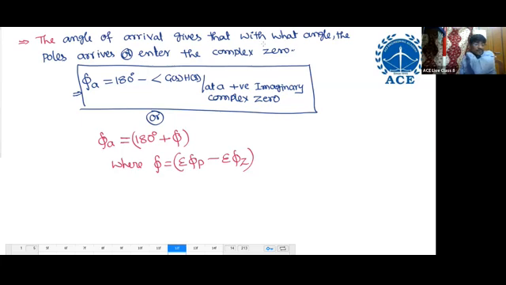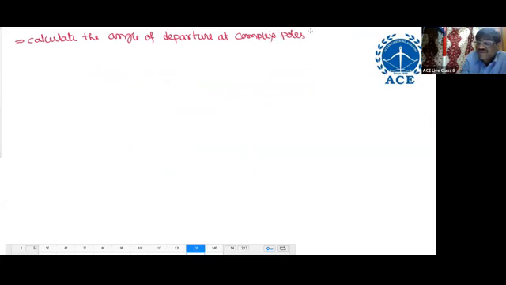Now note on the problem. Calculate the angle of departure at complex poles to the given system.